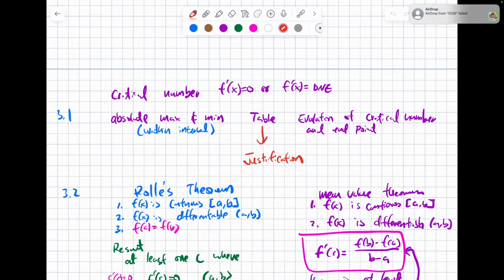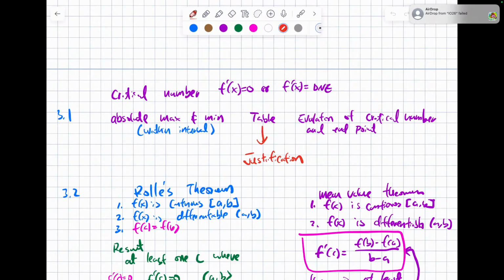Yes, Miranda? The difference between the table and the number line? Oh, that's a great question, by the way. Miranda posed a very good question. Here's the thing: for absolute maximum and minimum, I only want to know the highest value or the lowest value. A number line test tells me which parts are increasing and decreasing, and it tells you relative maximum and minimum.